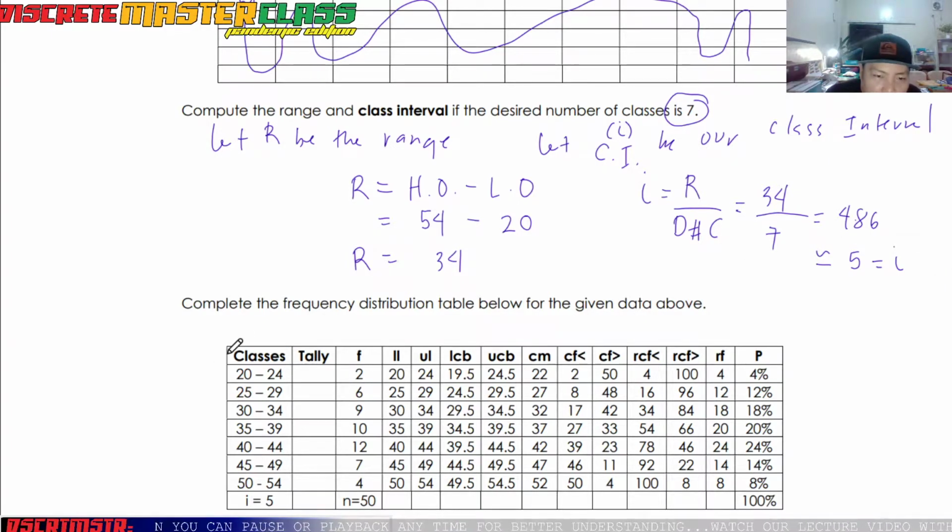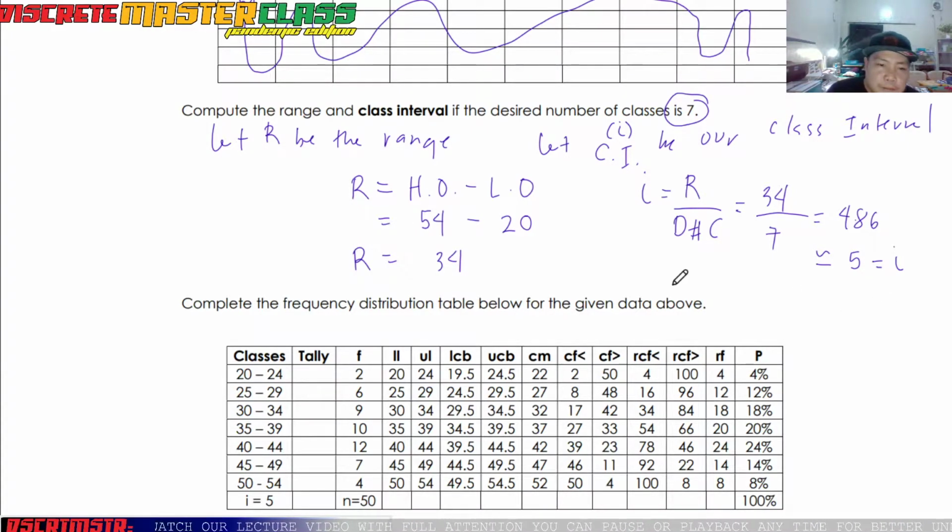Okay? And I think you can do this. Okay? So, kung bibilangin natin kung ilan yung classes, the first class is 20 to 24. Second class is 25 to 29, third class is 30 to 34, fourth class is 35 to 39, and so on. Ang seventh class ay 50 to 54, which is, sabi nga, the desired number of classes is 7. 1, 2, 3, 4, 5, 6, 7.